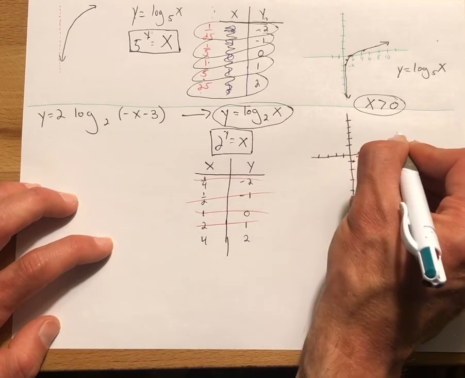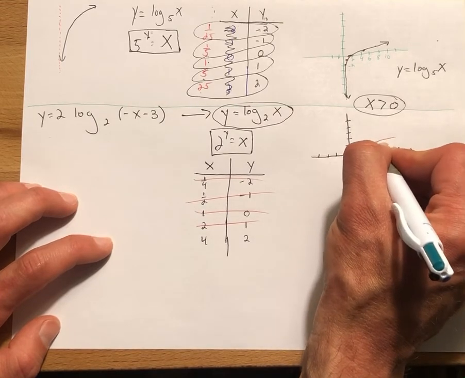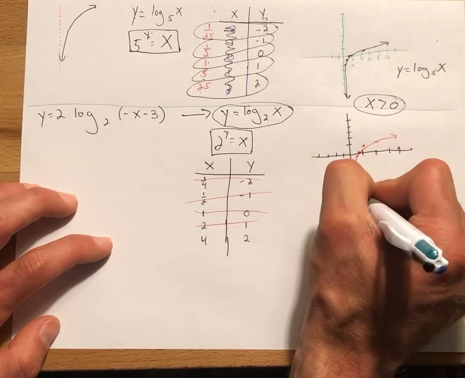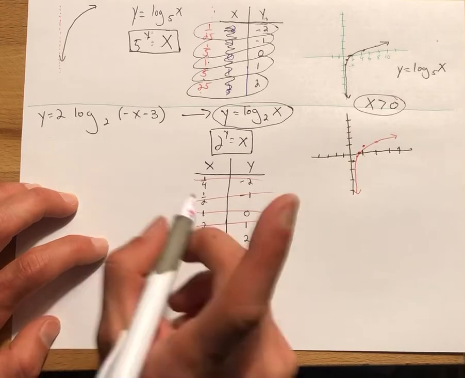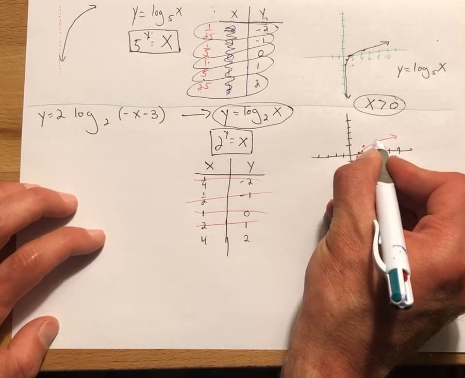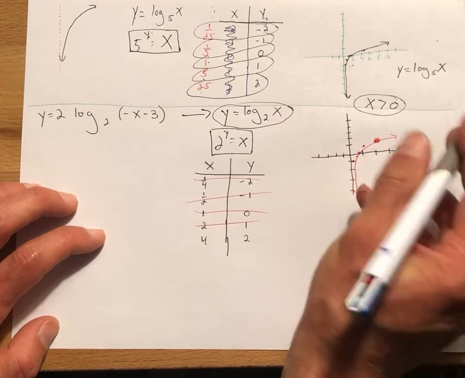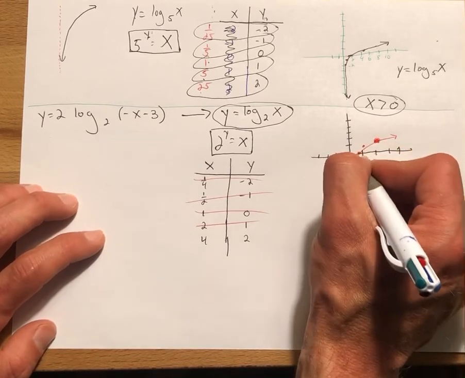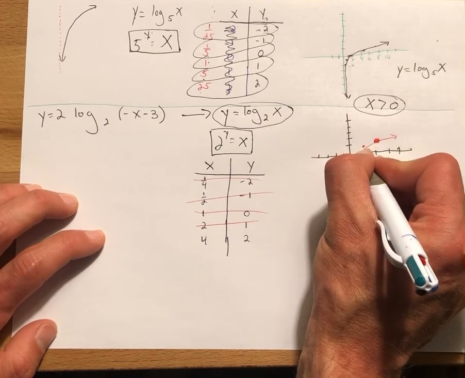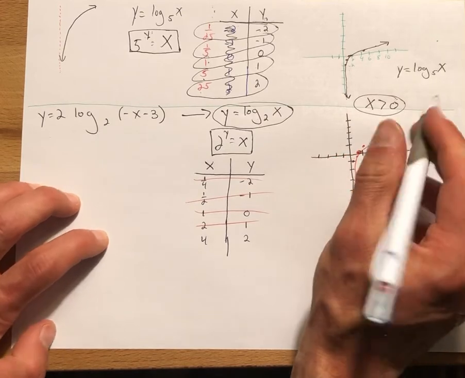Okay, so you see this trend. The main points that you need are this point, 1 point above in quadrant 1, and your y-intercept. These are the 2 points that I'm going to focus on.